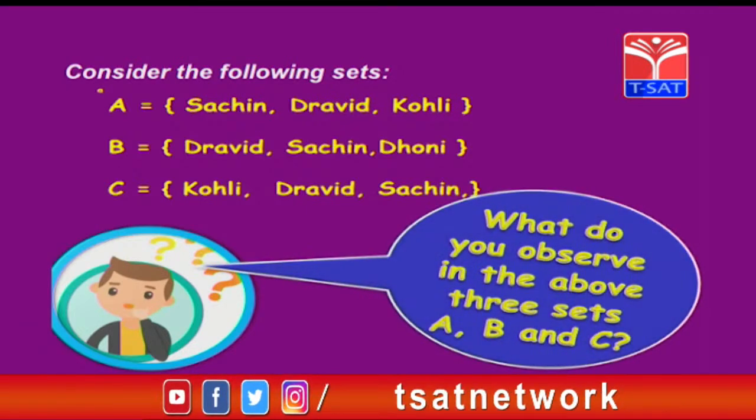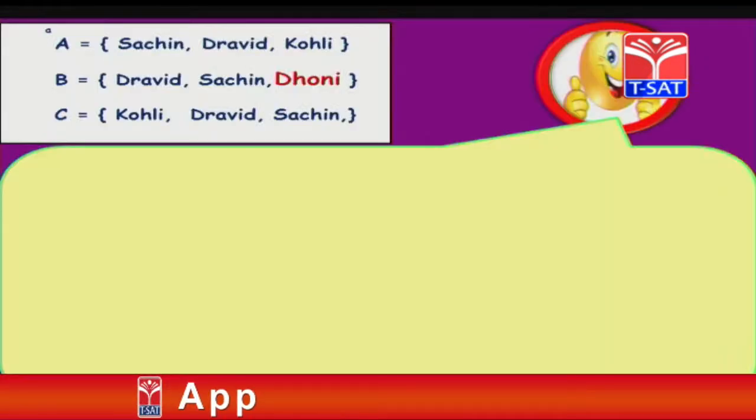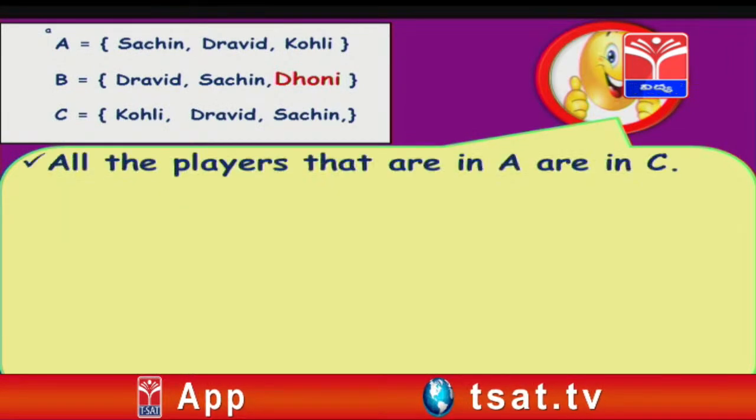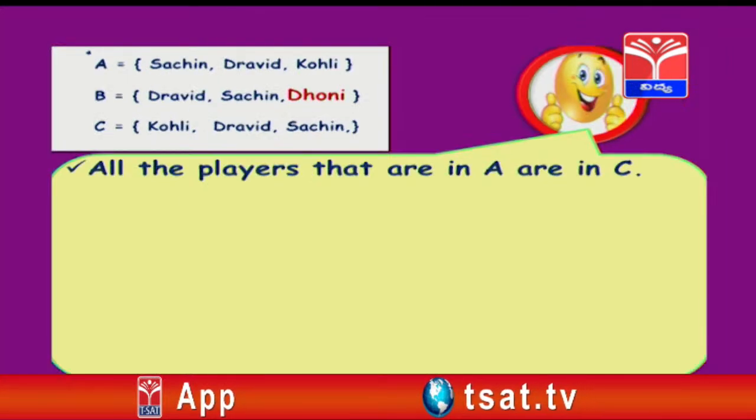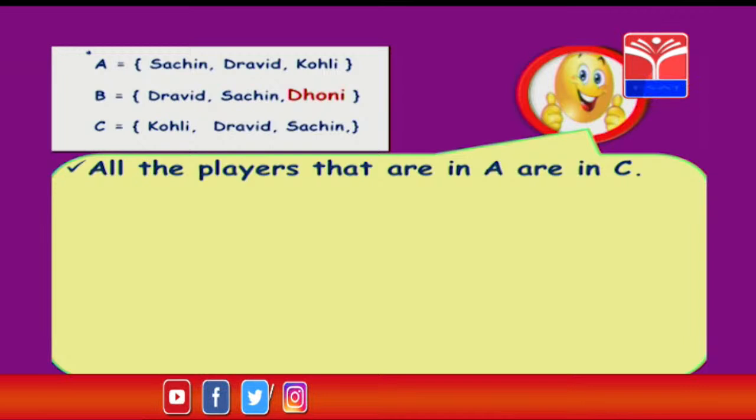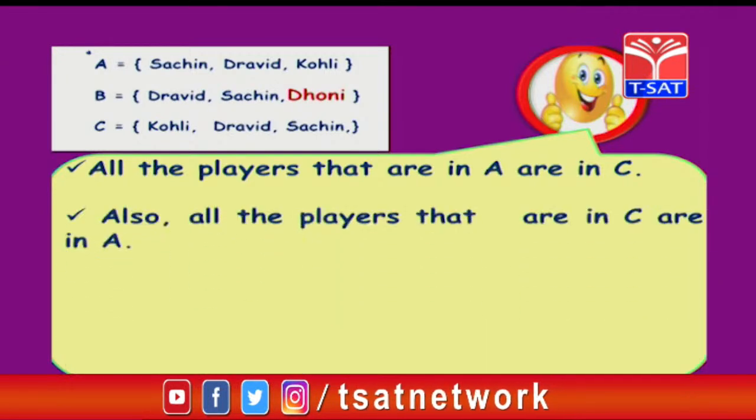Now, what do you observe in the above three sets A, B and C? Very simple. All the players that are in A, Sachin, Dravid, Kohli, you see Sachin, Dravid, Kohli. The order is not important, but all are there.